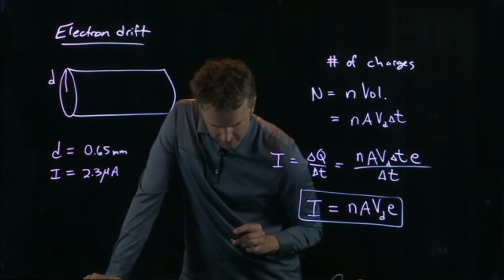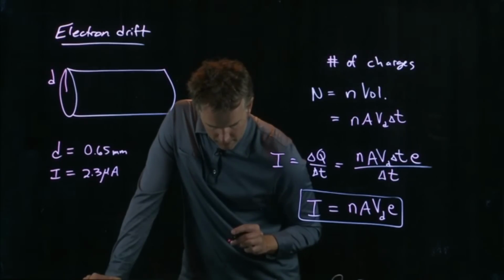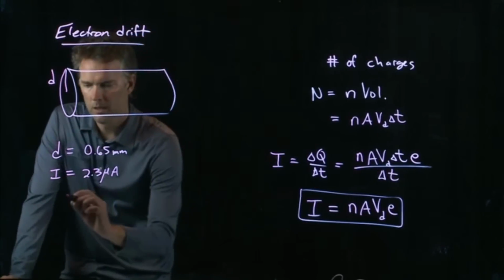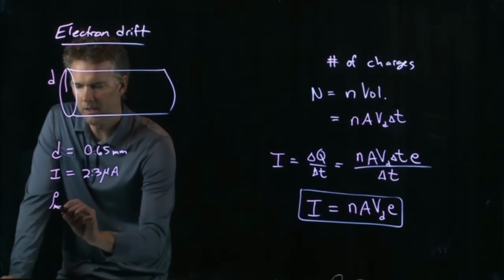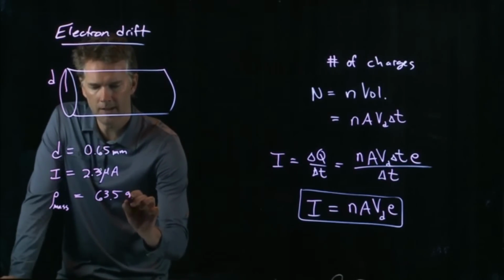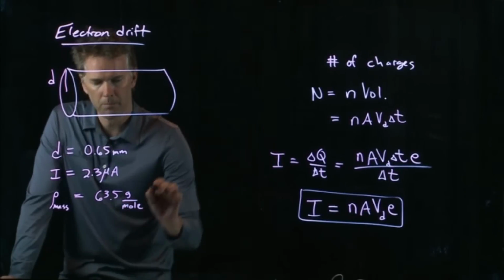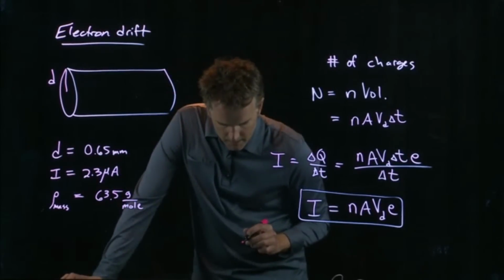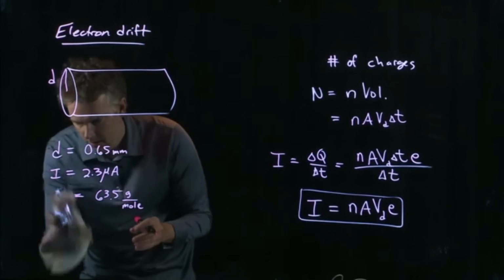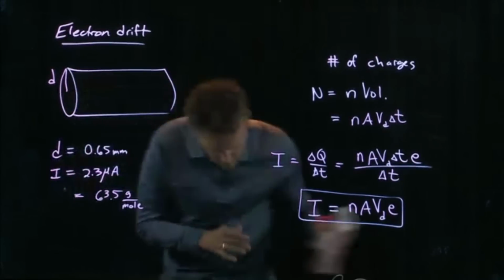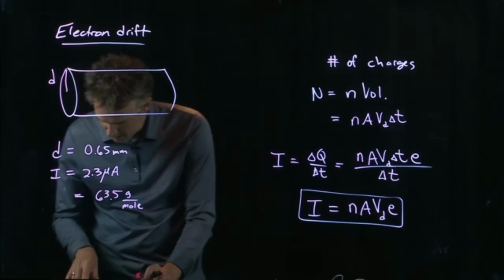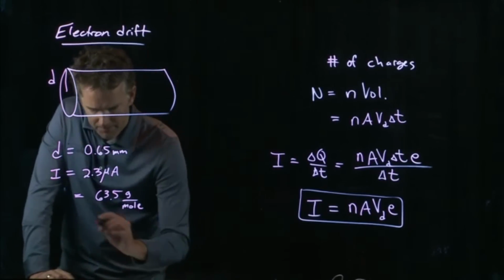The molar mass of copper is 63.5 grams per mole. Okay, so there is some mass density, which is 63.5 grams per mole. I'm sorry, that's the molar mass, which I think they were using rho sub D for.